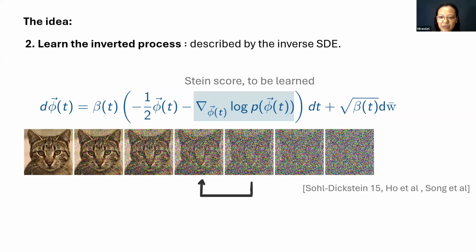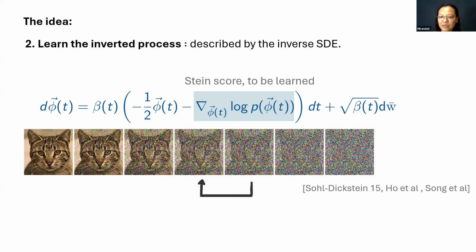Okay, so the reverse process. This SDE can be reversed in time, and it is given by this other SDE. In particular, there's this drift term that's given by the score of the distribution at time t.